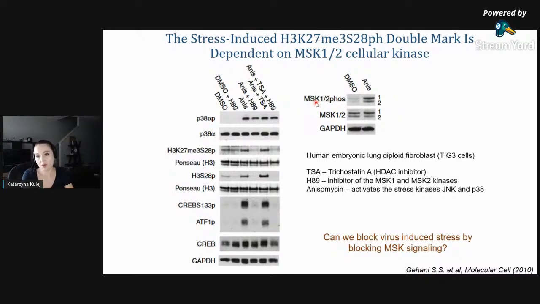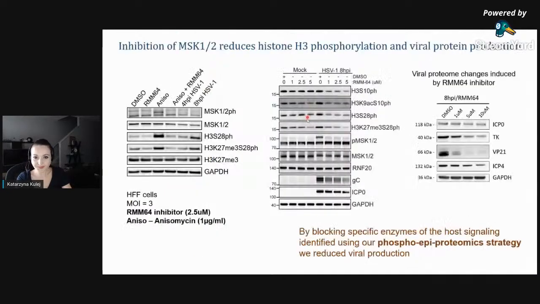So we decided to follow up based on this study, and we applied it to our model. And indeed, we also induced cell stress using anisomycin, and we also saw an increase in the phosphorylation of MSK and an increase in the phosphorylation of the histones.